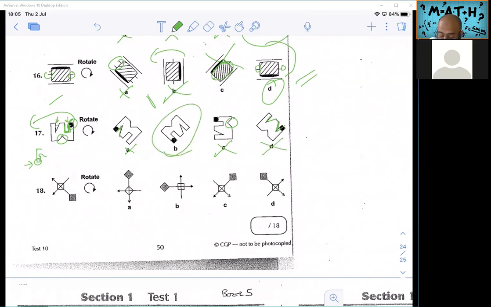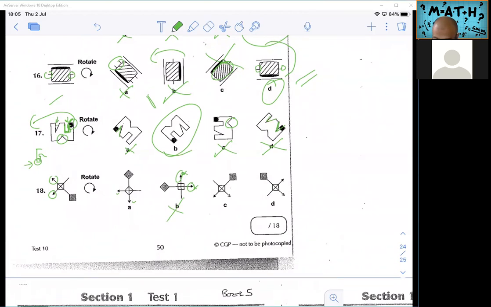Question number 18. If you rotate that shape, you've got one solid arrow tip and one that looks like a slightly different shape. So these look okay. This one's no good because they're both the same. That's wrong straight away. So B is wrong.